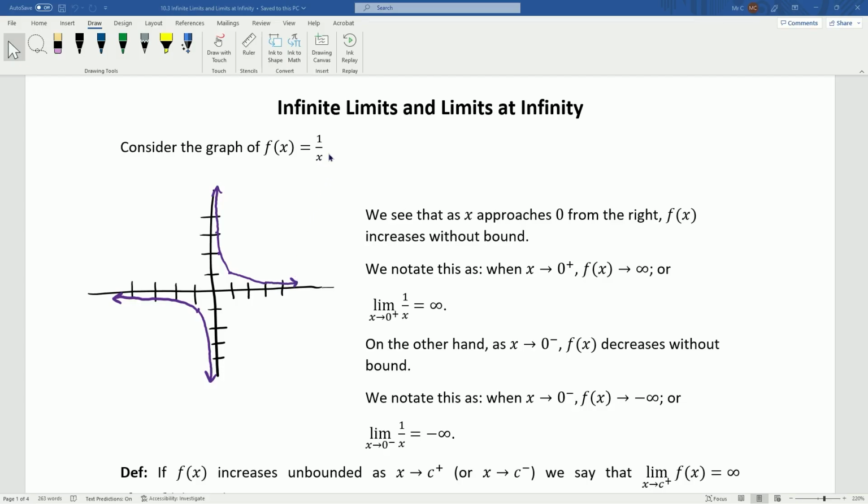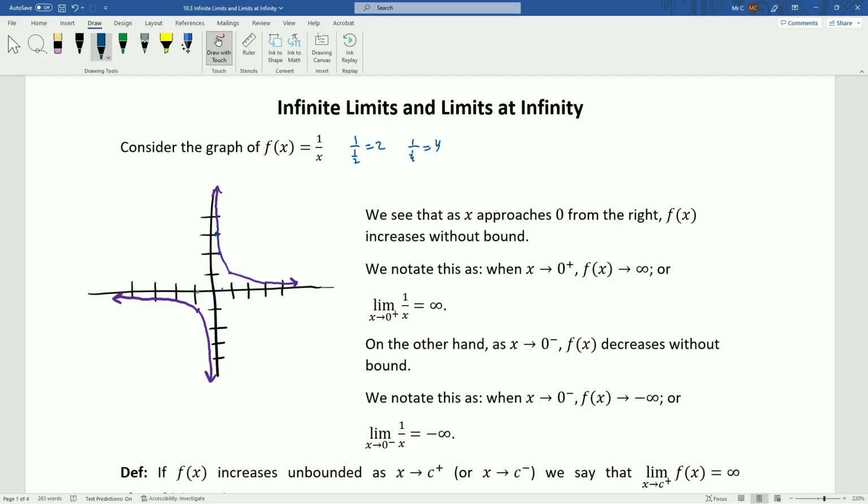But if I plug in 1/2, I get 2, right? So 1 over 1/2 gives me 2, and 1 over 1/4 gives me 4. And in that way, what I see is that this expression grows larger and larger the closer this denominator gets to 0. The smaller the x value gets, the bigger this goes.